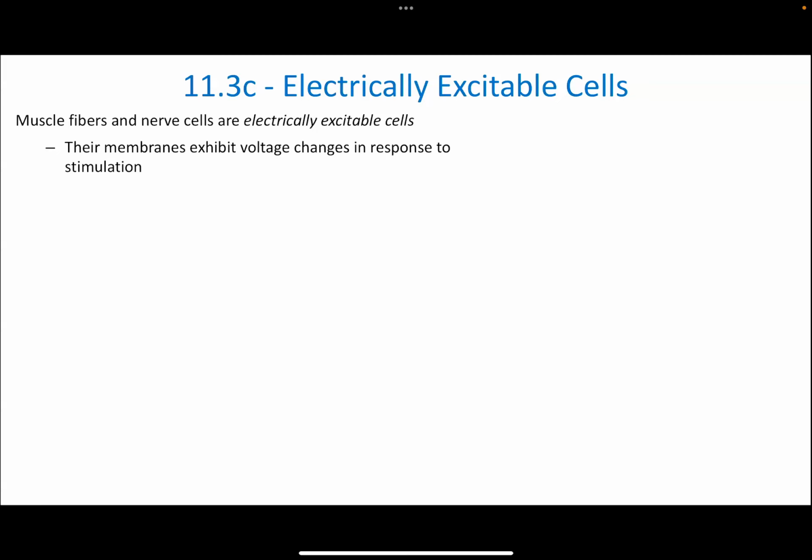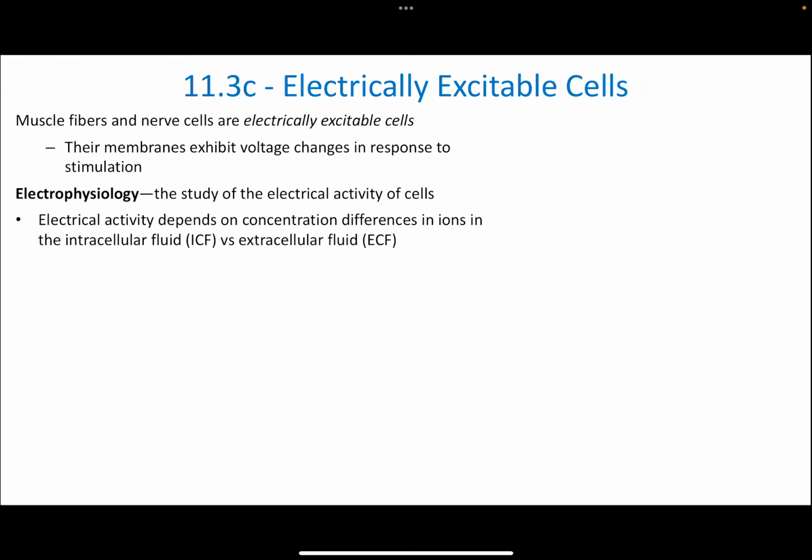the ligand-gated channel. When we talk about this electrical activity, or this change in membrane potential, it's called electrophysiology when we're looking at this electrical activity of cells. This activity is electrical because it has to deal with the movement of those ions. And remember, ions have these charges on them.